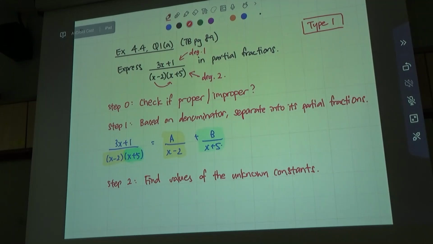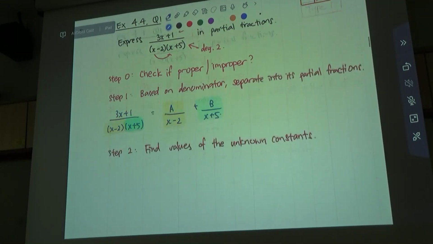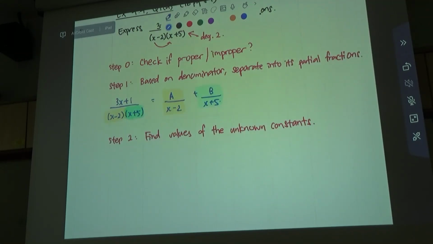This is the part where we are going to try to recall our chapter 4.1, where we learn how to substitute suitable values, or the other method, comparing of coefficients. So how do we do that? This is the main bulk of solving partial fractions.